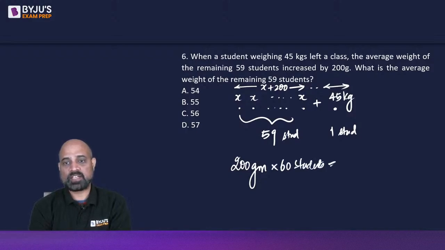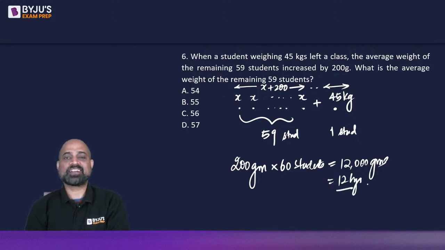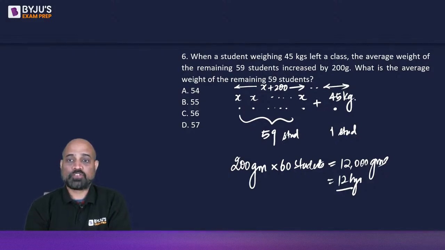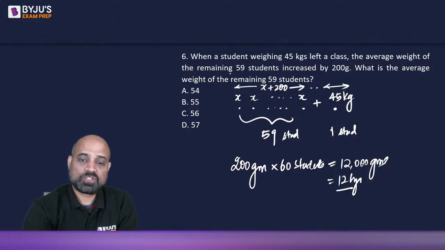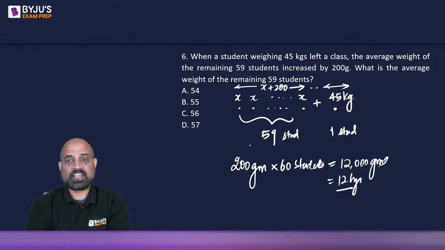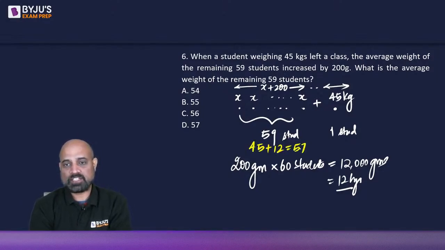So this will result in 60 into 200, that is going to give us 12,000 grams, or we can say 12 kgs. So can we say that extra 12 kgs is being brought in? 45 kgs say. So these guys should have 45 plus 12, that is 57 kg of weight.